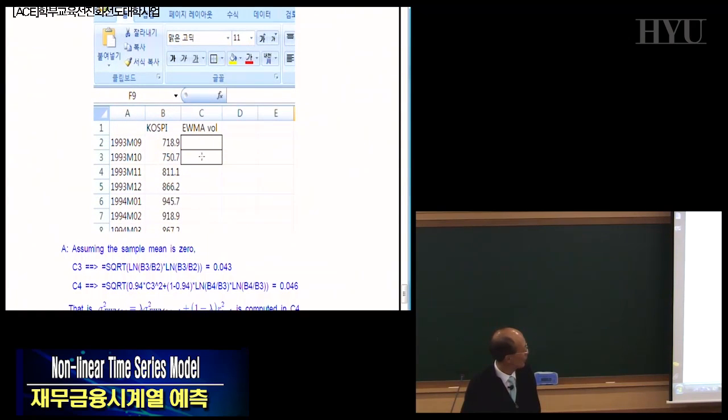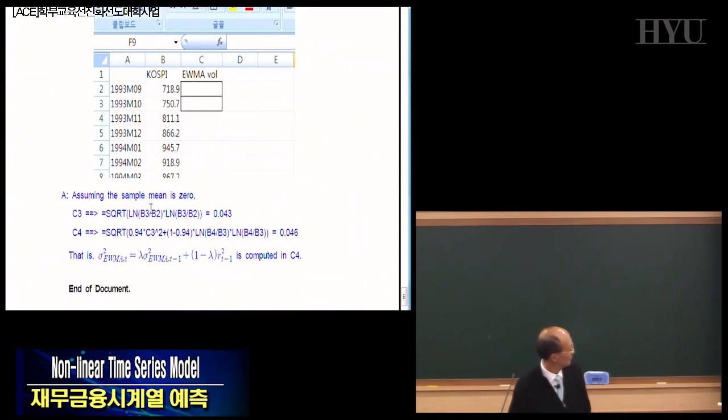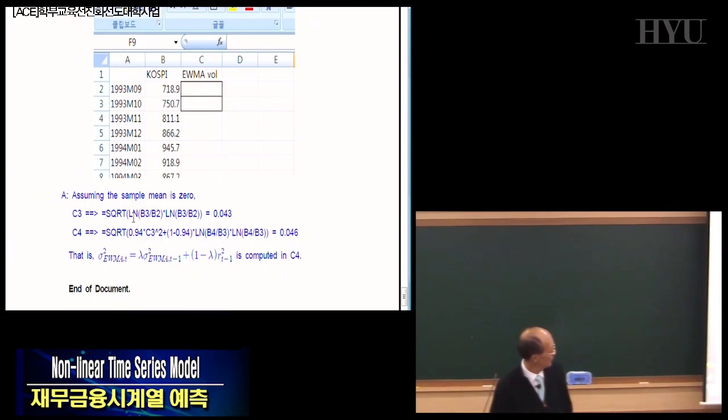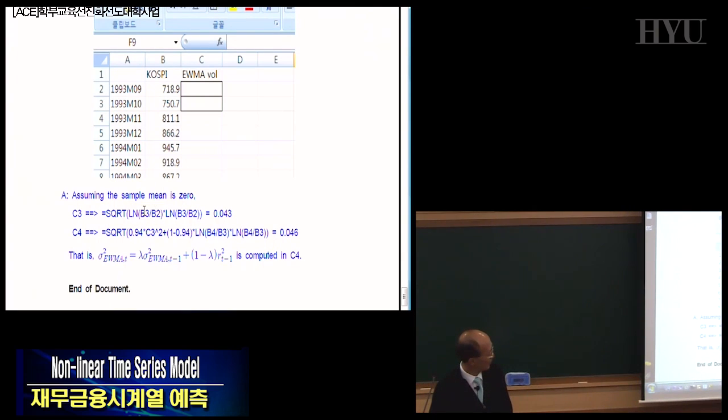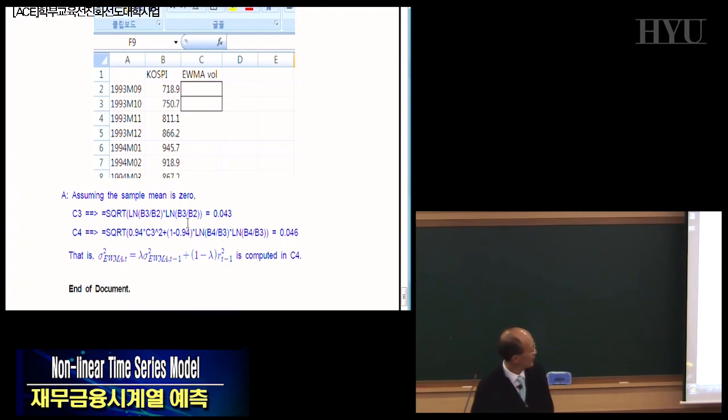So how to initialize this computation when you have a stock price, not a stock return? Okay? So first we have to calculate stock return as the log of this ratio. And to initialize it, you just calculate the product and take square root.